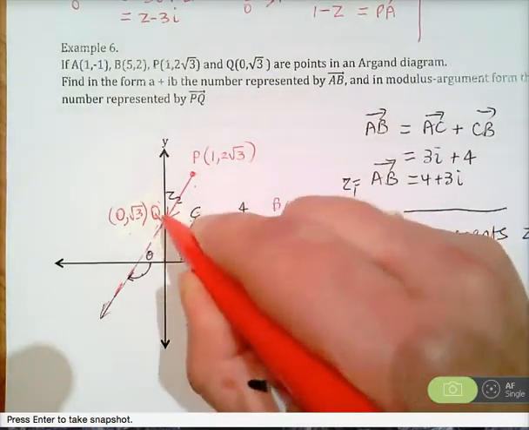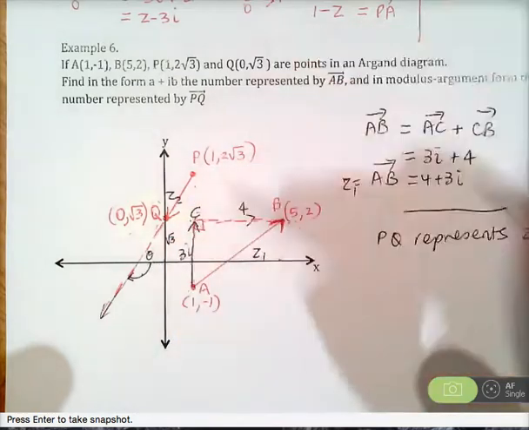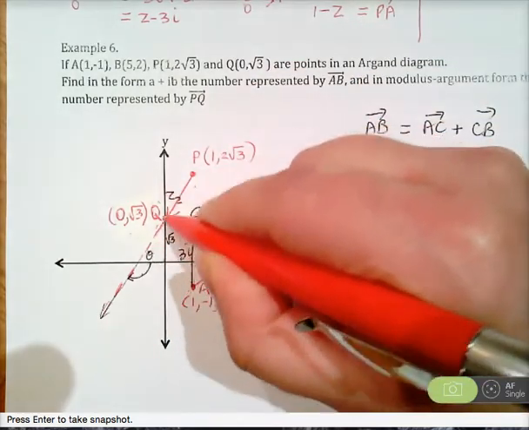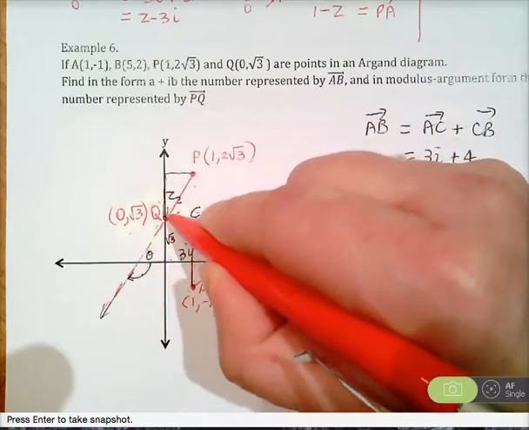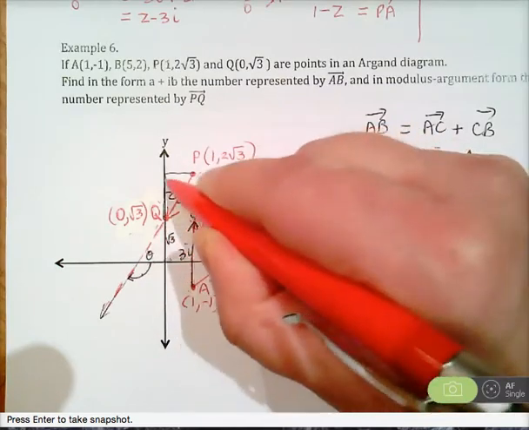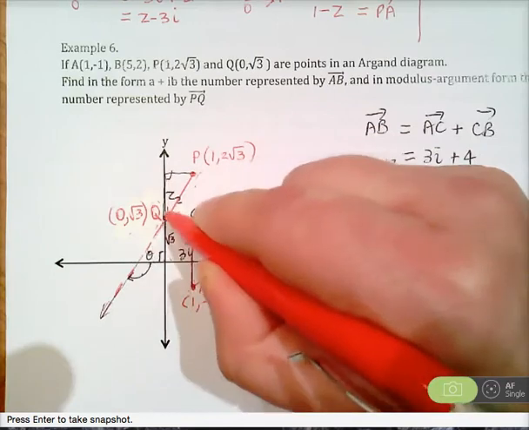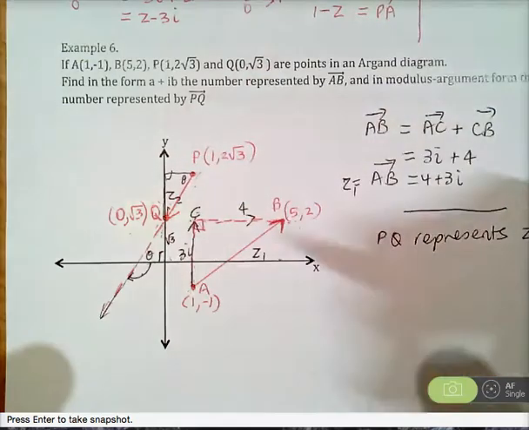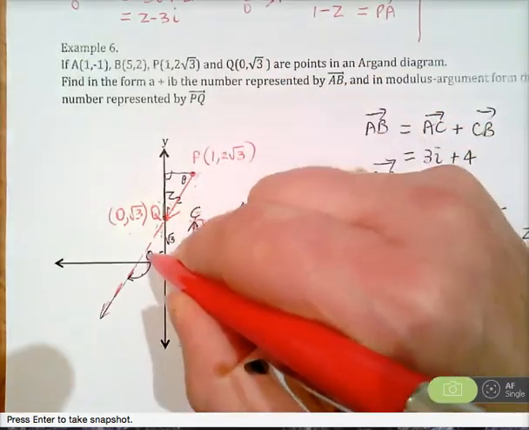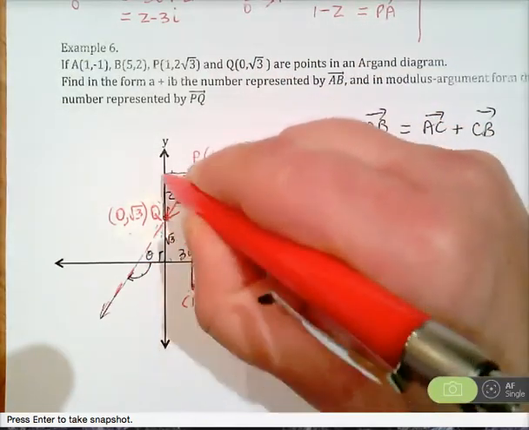Now I can also form the triangle up here. So this triangle down here and this triangle up here are similar triangles because we've got right angles and these are vertically opposite. So this angle here is theta as well. Now, this is root 3 up here. This distance is also root 3. And this distance across here is 1.